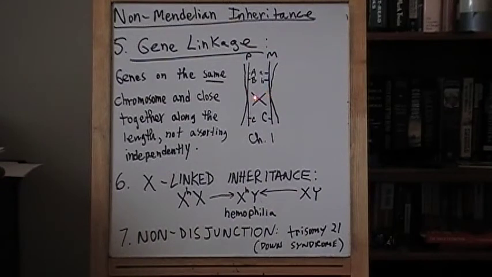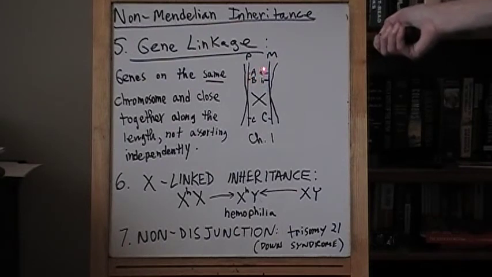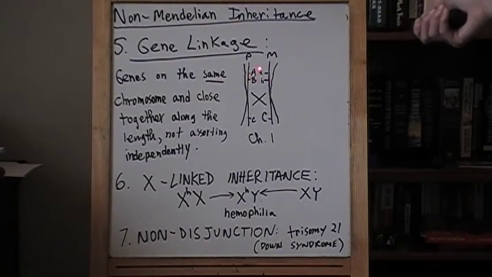We know that in meiotic prophase you get crossing over between the two homologous chromosomes. However, if two genes are very close together on the same chromosome, then the chance of a crossover right in between those is very small. And so these two genes close together tend to be inherited together.